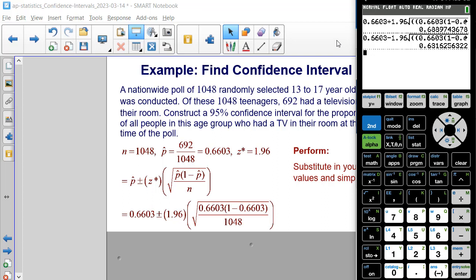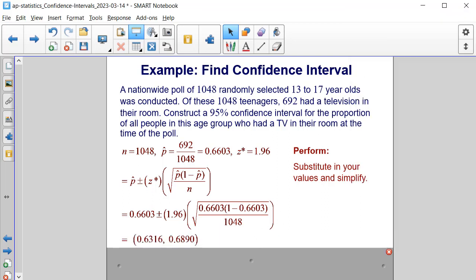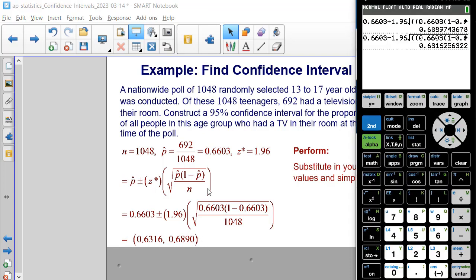And if we substitute our formula, both forms, into the calculator, we get that our interval will be between about 0.6316 and 0.6890.